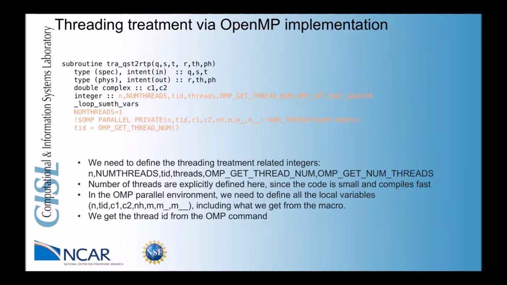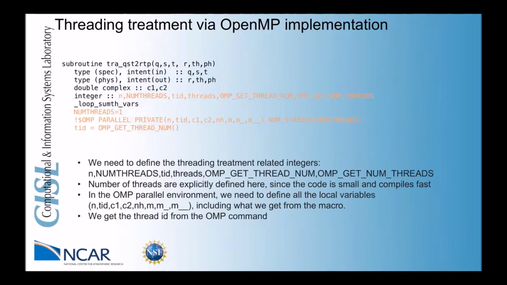There are also a few functions to get the current thread ID and the current number of threads. Then we set the number of threads explicitly, since the code is small and compiles fast, so when we change the thread numbers, we will recompile the code.